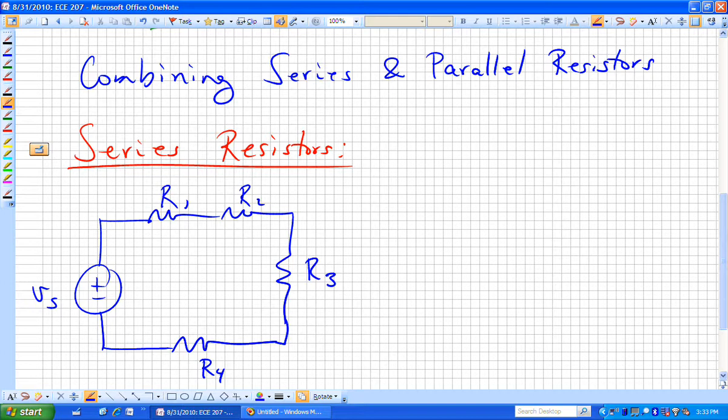We don't yet know what those values are. That's not important for this discussion. Those are all in series because they carry the same current. The same current is flowing through all 5 elements, 4 of those elements being resistors.